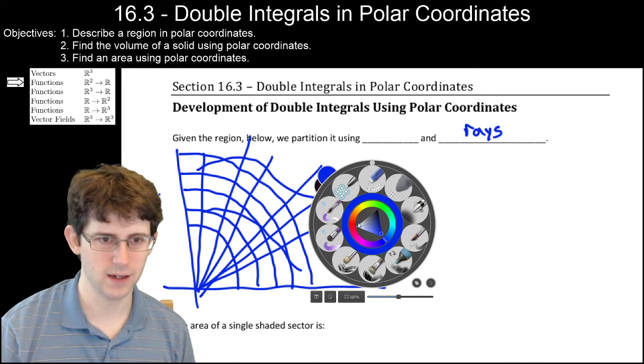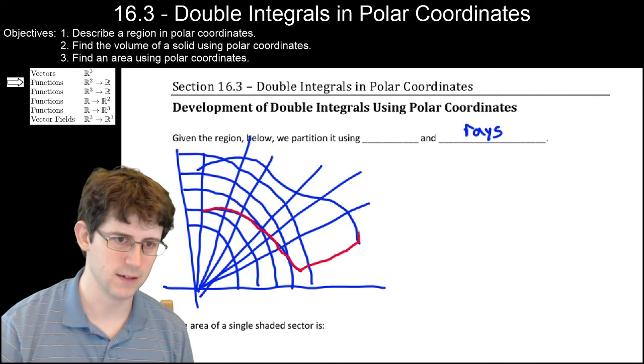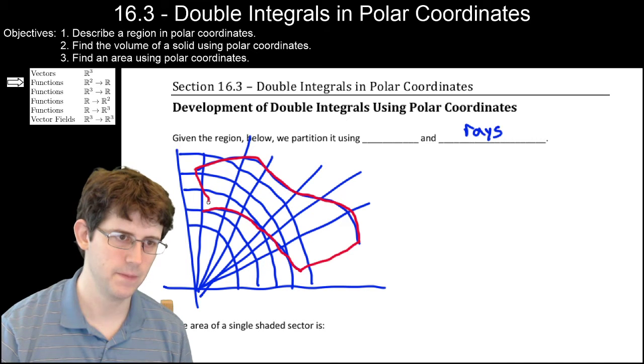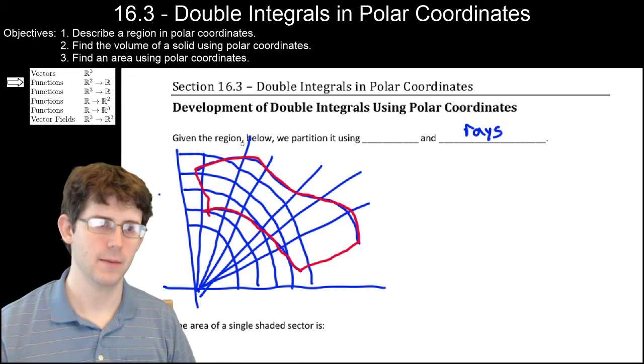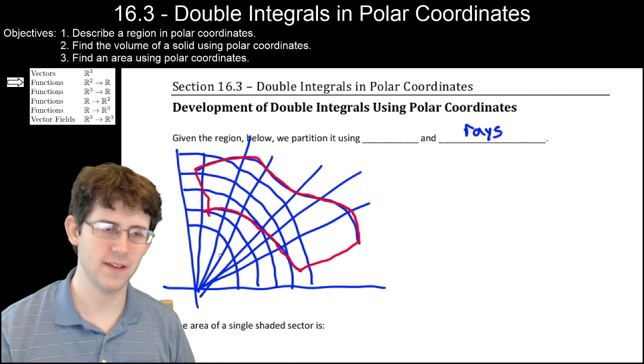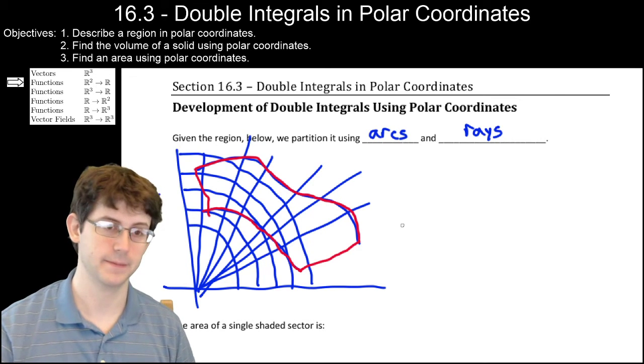So let me put the original functions there in a different color. So say we're looking at this region in the xy plane. I could slice it up into boxes dx dy, but now I'm instead considering, what if I split it up the polar coordinate way using arcs and rays?